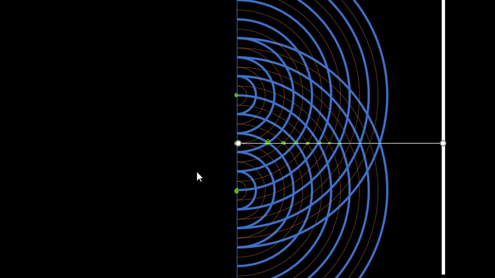Okay, so we have a screen now. You can see that the first bright spot would be at this exact center. What about the next one? We can figure out several over here.